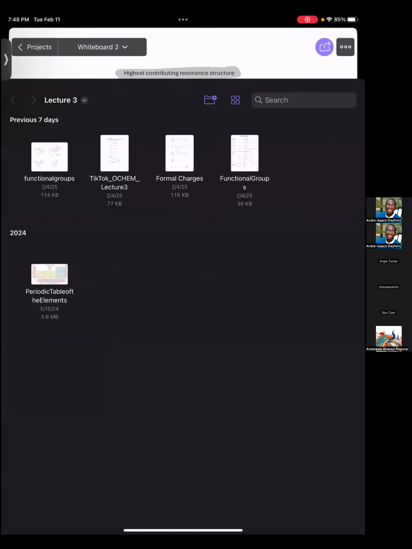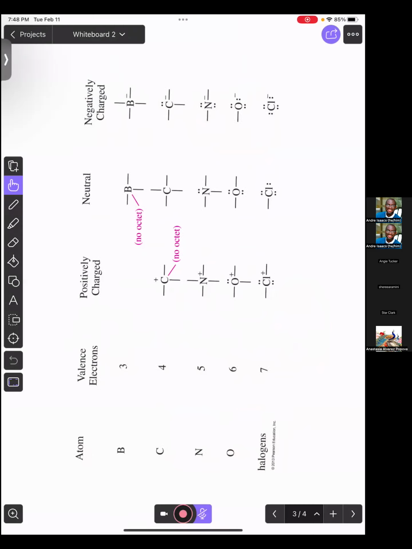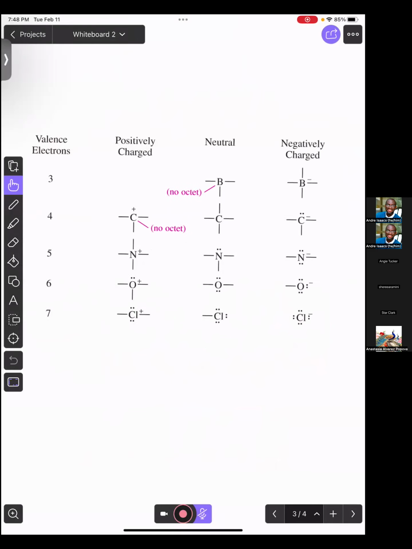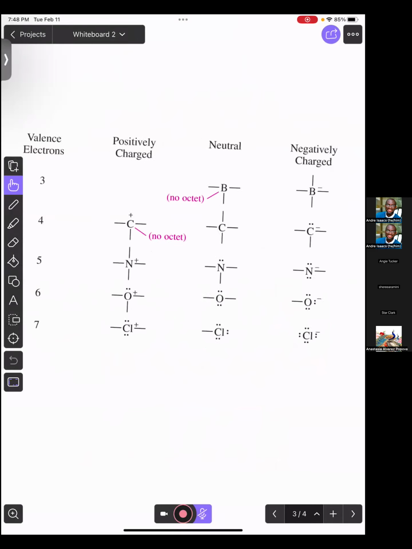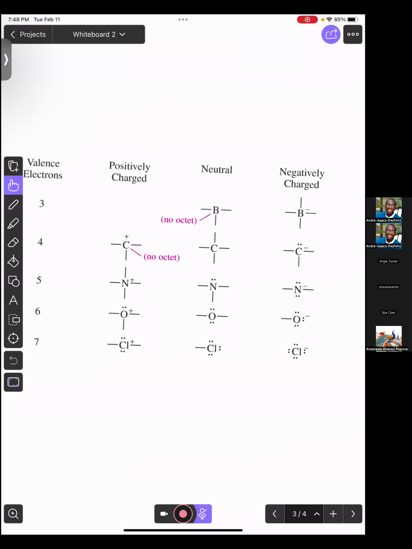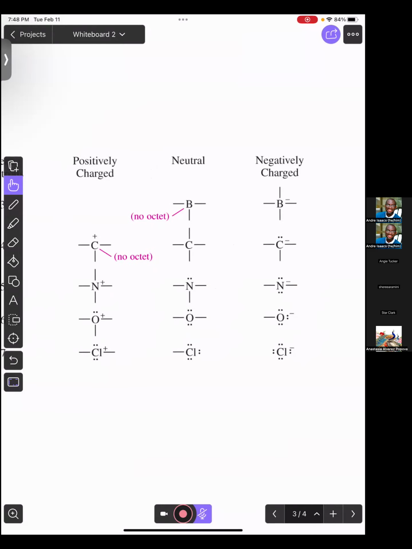Okay? Again, here is the formal charge. This is the pattern that you all need to know, right? If you see these charges, you understand. If you learn this table, you can understand when there is a charge and when there isn't a charge. This is what all of these atoms look like when they have a charge and when they don't.